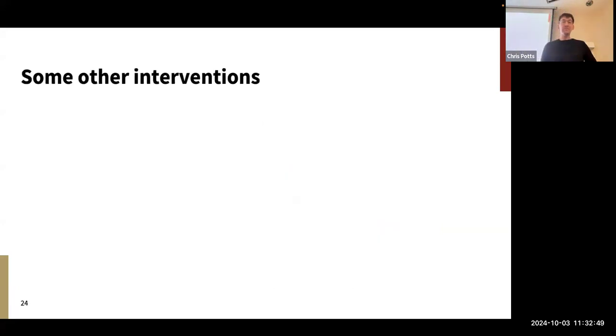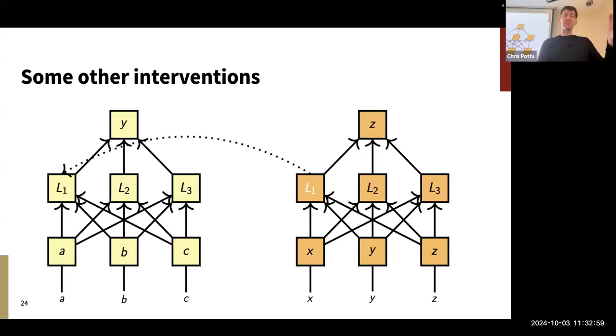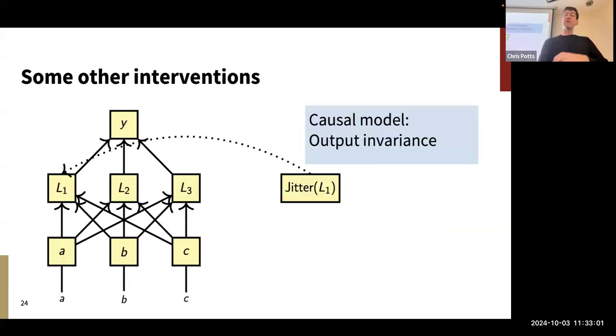And just by the way, I've shown you the interchange intervention, but you might start to think about other interventions you could perform that might be illuminating, right? So there's this particular data-driven one, but for example, it's been common for a long time that people might jitter a representation, change its values ever so slightly as a way of testing to see whether the model is robust to those kind of interventions.